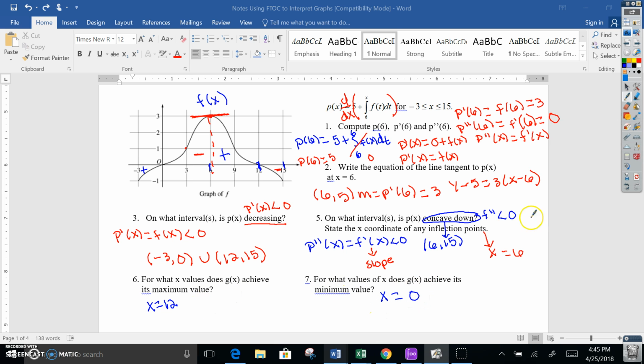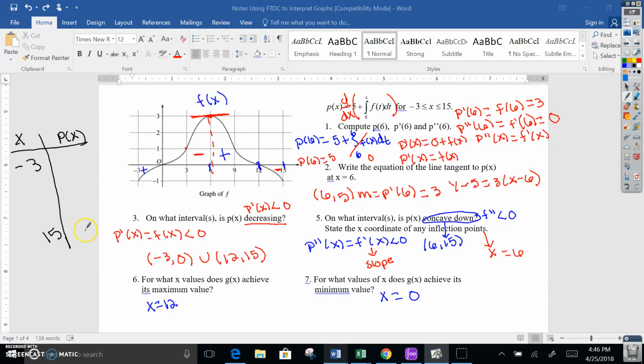Now, both of these can be answered in a table like I explained in the other video. So I'll go ahead and do that. I will set up my table x, p of x. Okay, and then I will put my endpoints, which is negative 3. And then I will put positive 15.